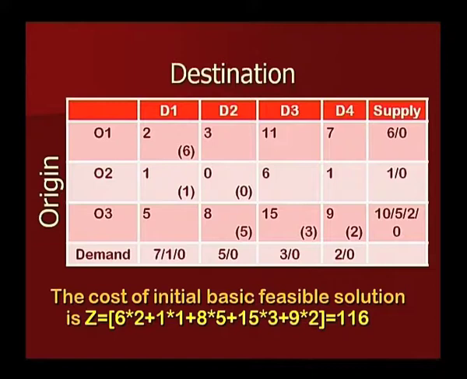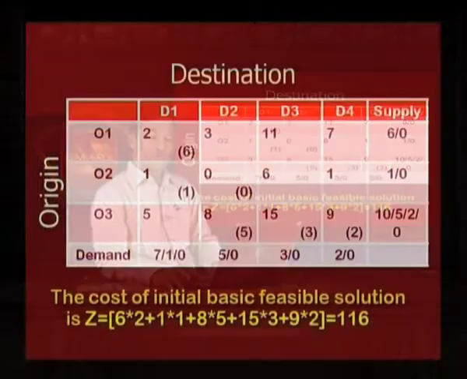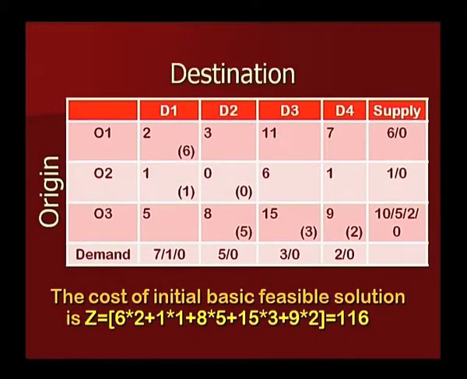Now this first row is exhausted, so we come to the second row. In the second row, we enter 1 at the first cell, and then the D1 column is exhausted, so we move to the second column D2.